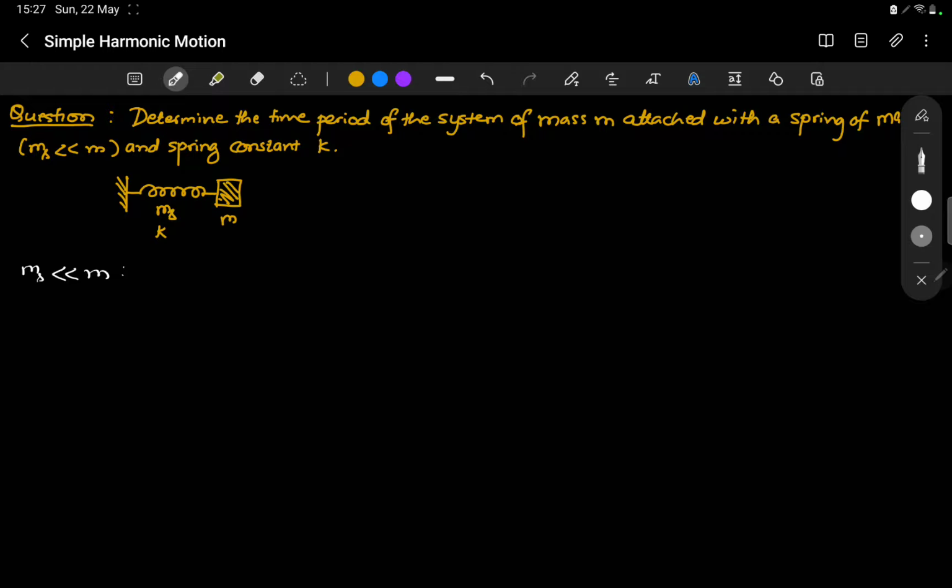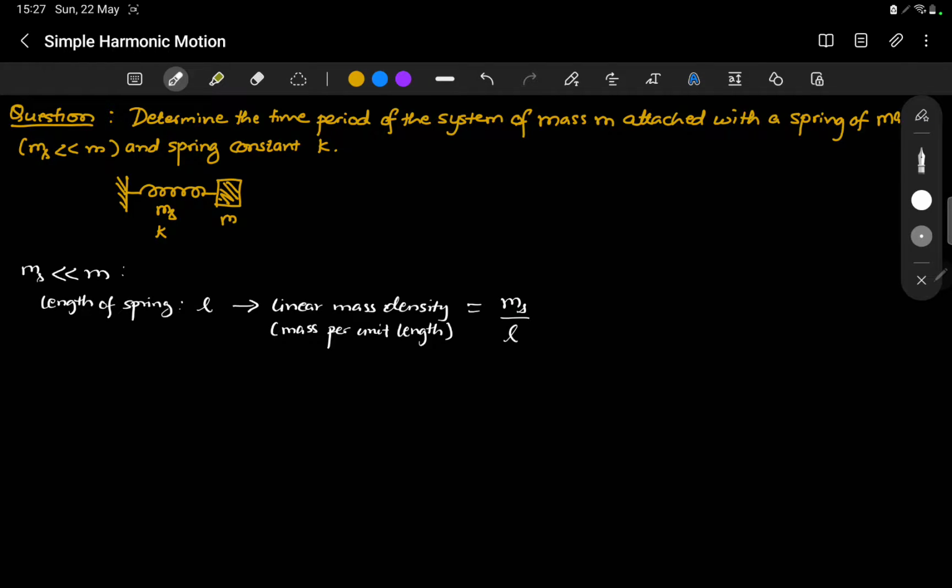So let us consider that the length of the spring is L. For this case, we will have the linear mass density, or mass per unit length, equal to the mass of the spring over the length of the spring.